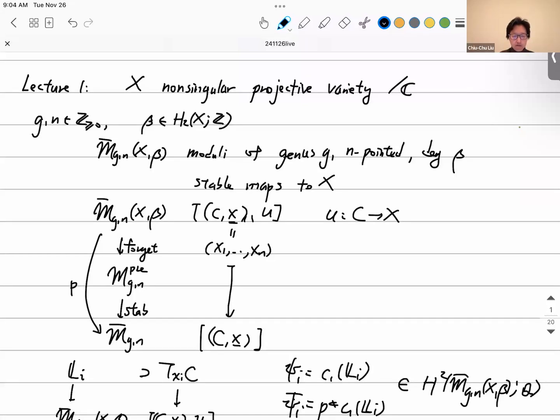When we stabilize, we contract some unstable components. We call the map to M-bar g,n.